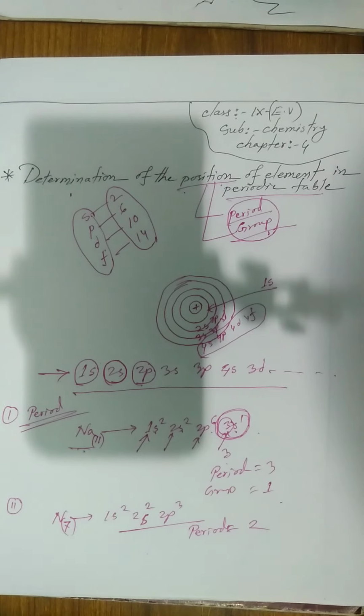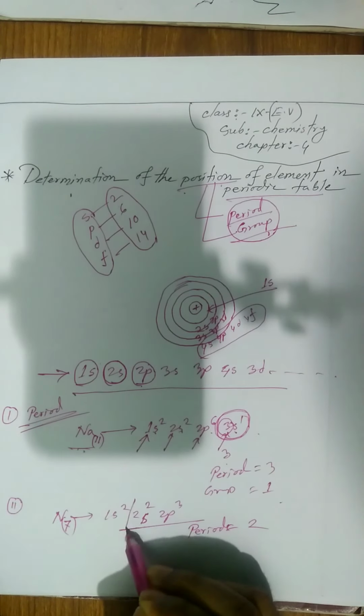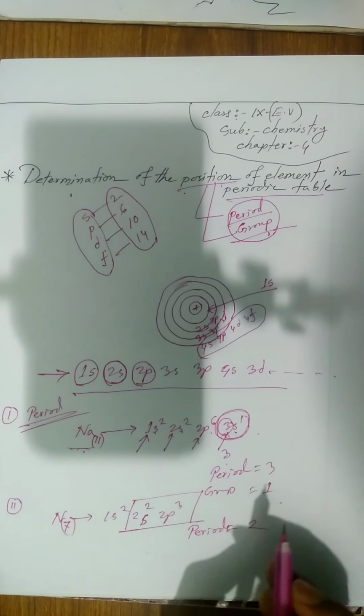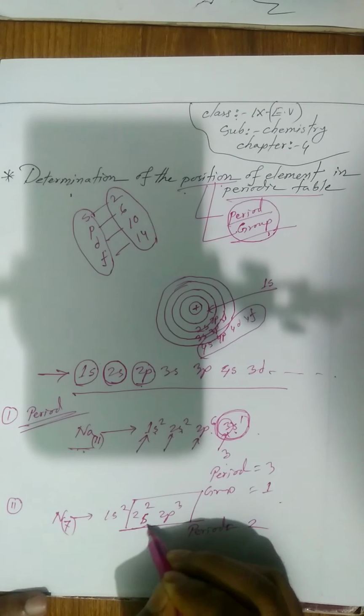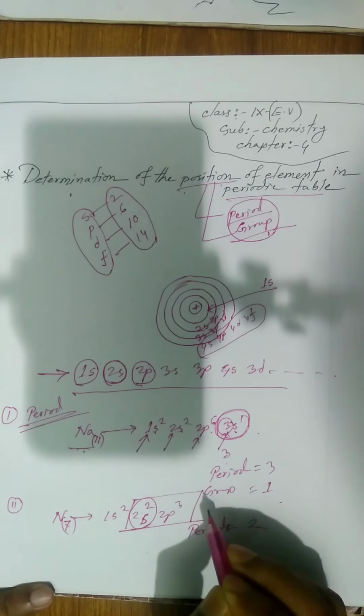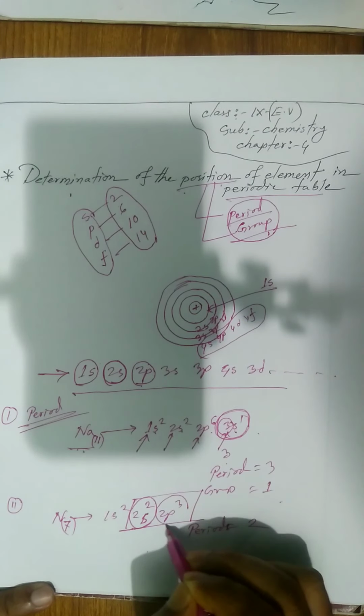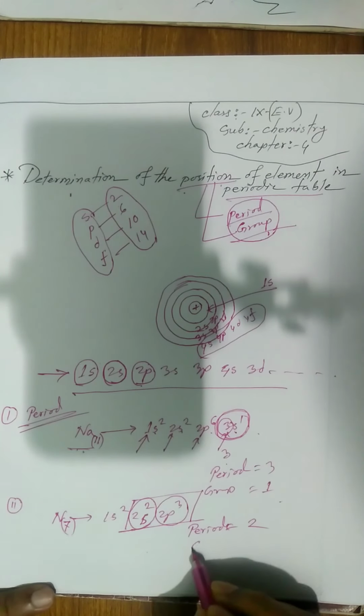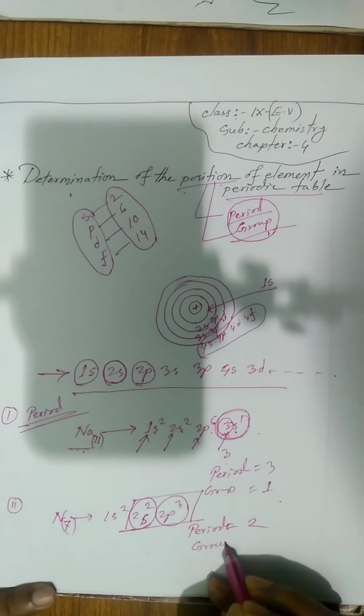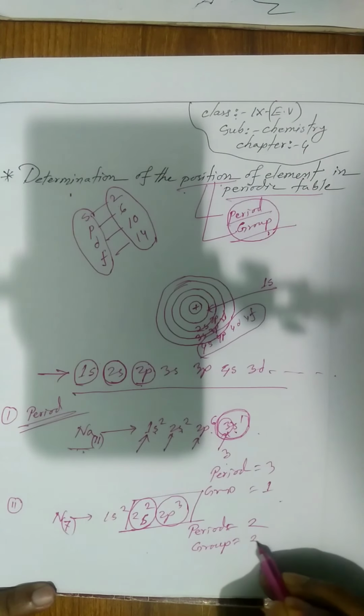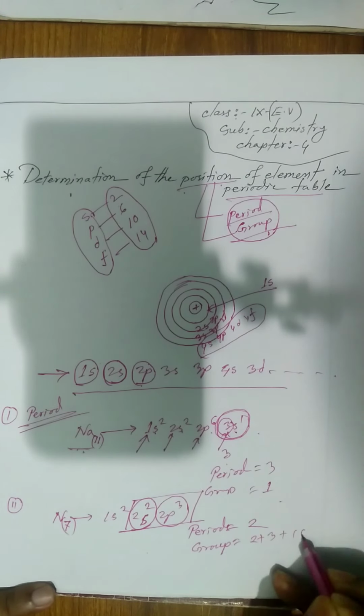Now in the case of group number, we take the total number of electrons in the s orbital and the total number in the p orbital: 2 plus 3 plus 10.